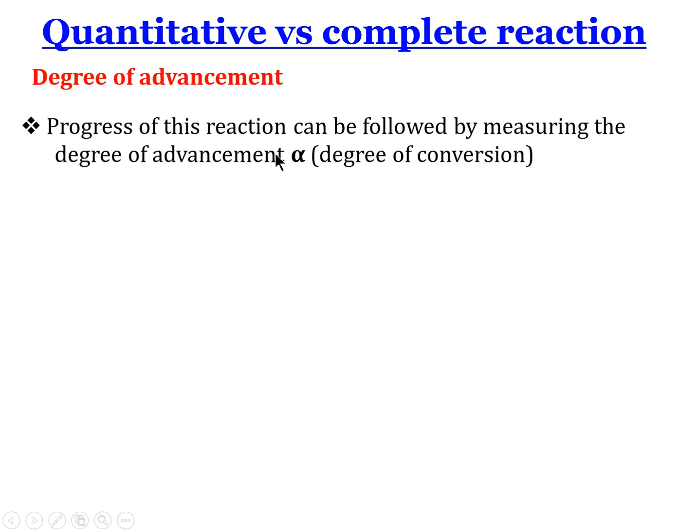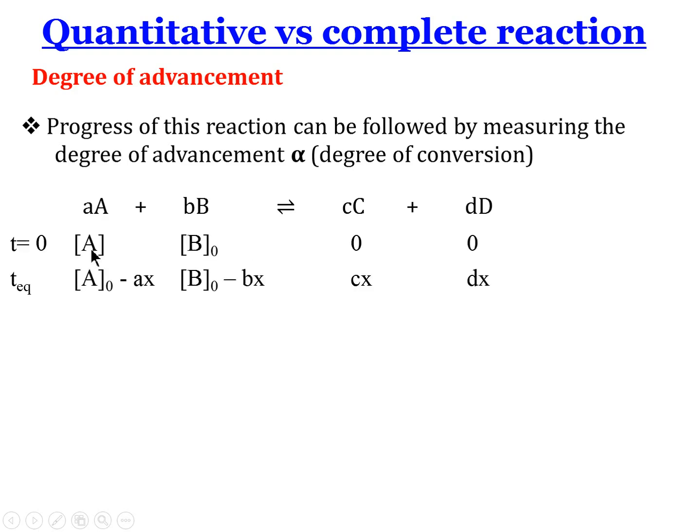How to know if our reaction is advanced, quantitative, or complete? To know this, we have to calculate the degree of advancement alpha, that we call also the degree of conversion. Consider the following reaction. Suppose at t equals 0, we start with A0, B0, 0, 0.